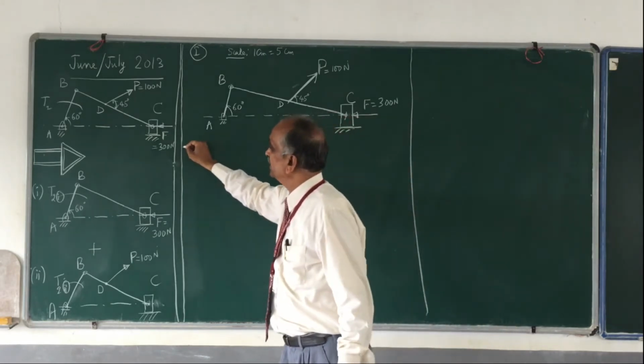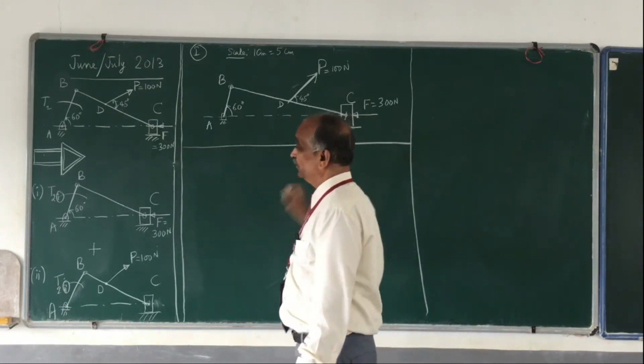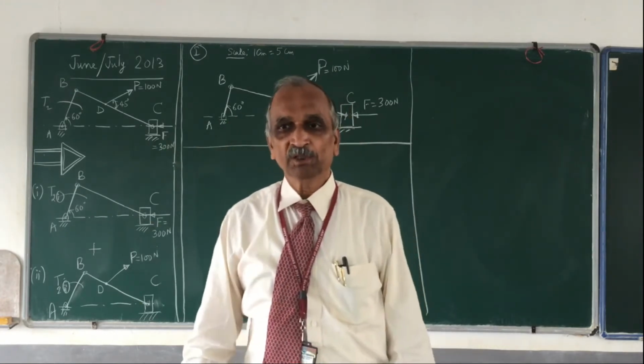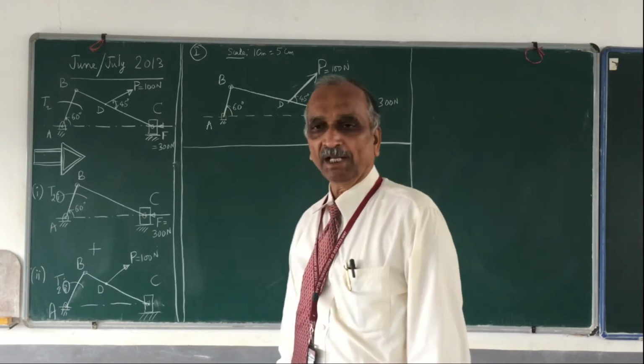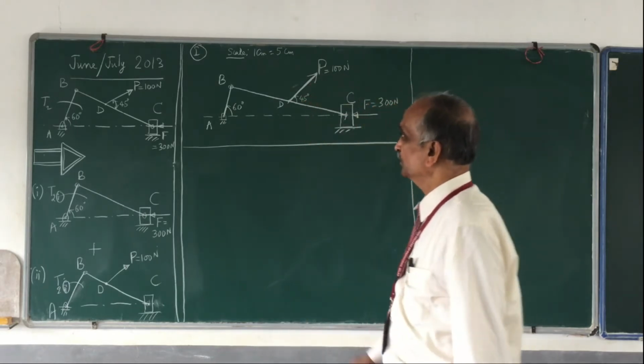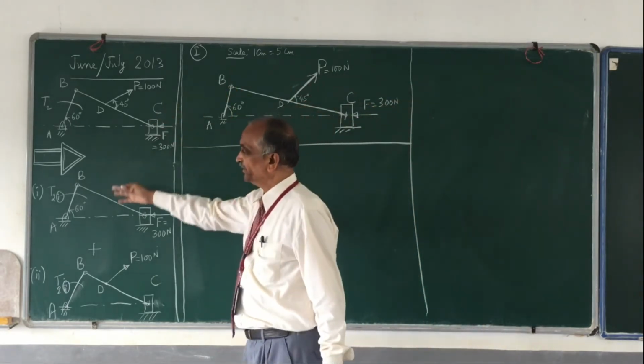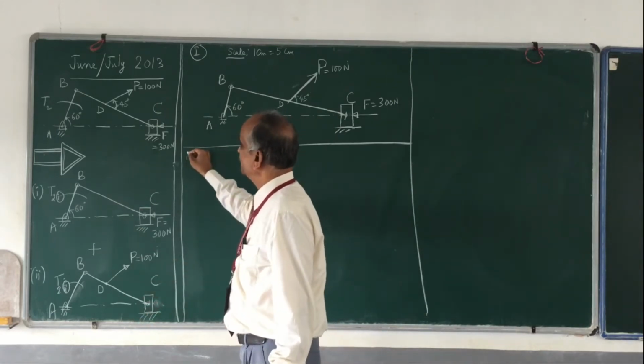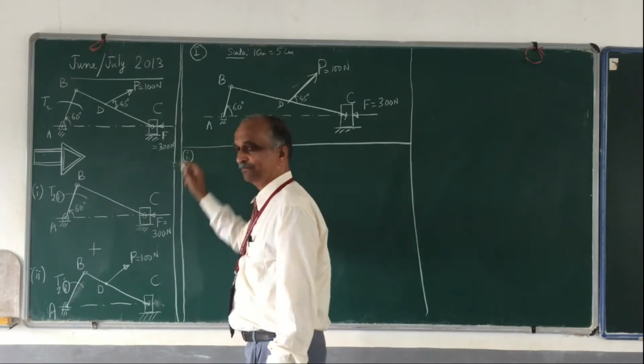Draw this. After this, we are going to solve this problem by first assuming P equal to 0, and next time assuming F equal to 0. I have already written here, this is the first problem and this is the second problem. I shall solve the first problem now.